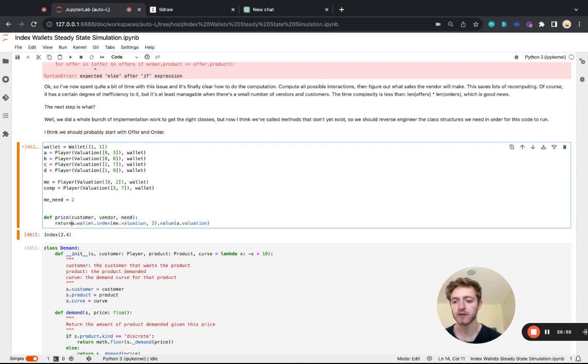And we're going to return this, which should be customer, now vendor, need, customer. And really hate that it returns an index, so dot it is.